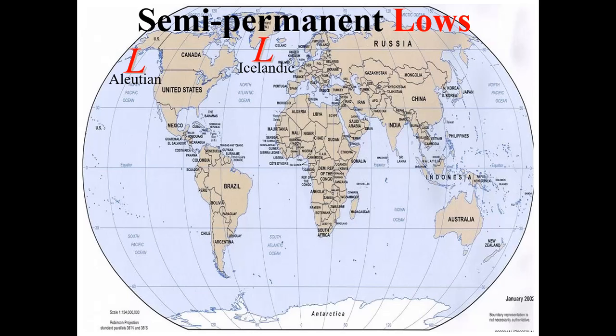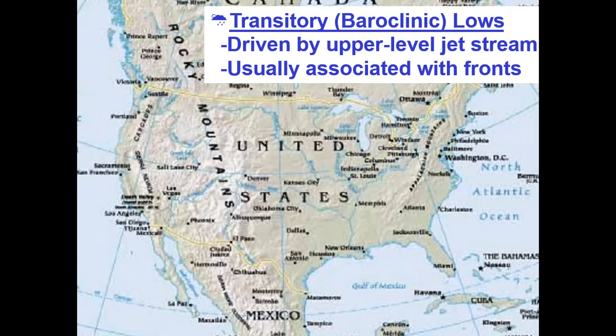So we call them the low pressure graveyards, because these mid-latitude baroclinic low pressure systems, the low pressures we're used to getting associated with storms where we live in the United States, generally move towards the Aleutian and the Icelandic low, semi-permanent areas.